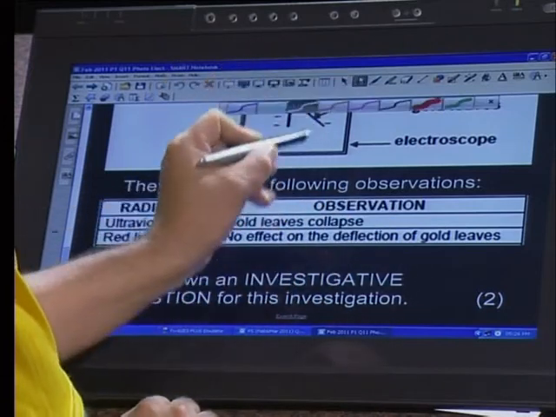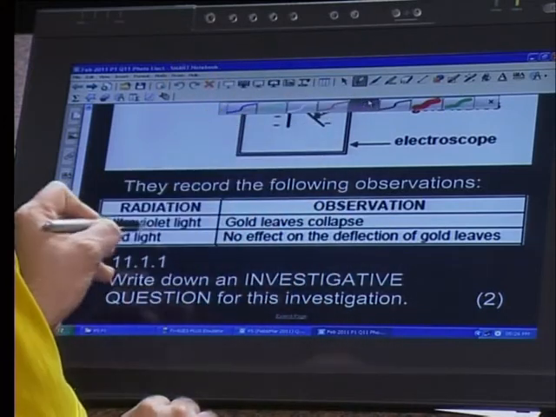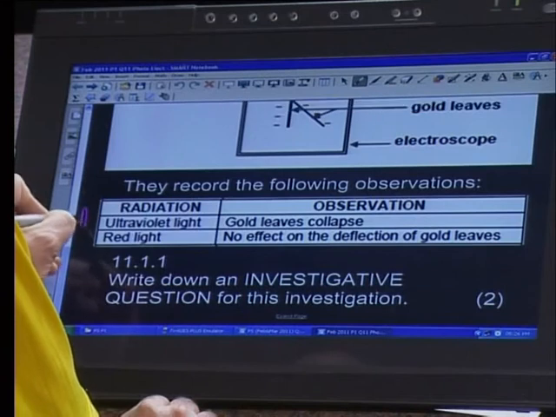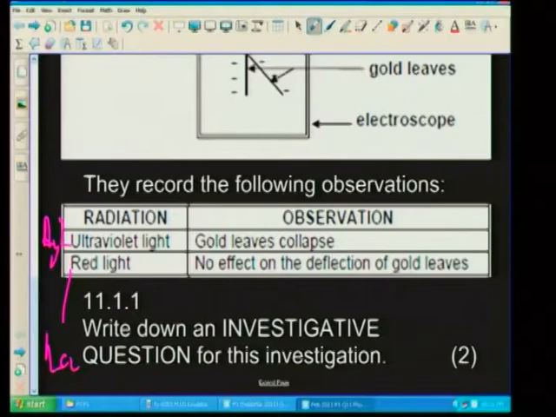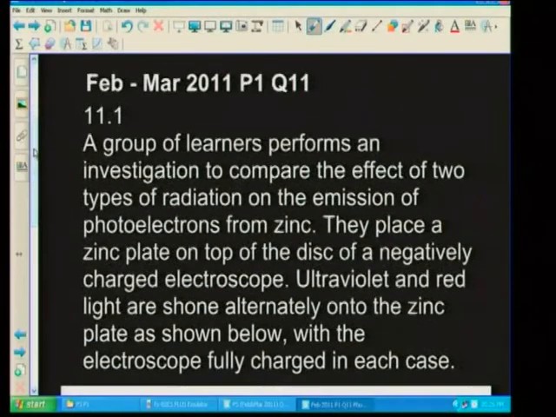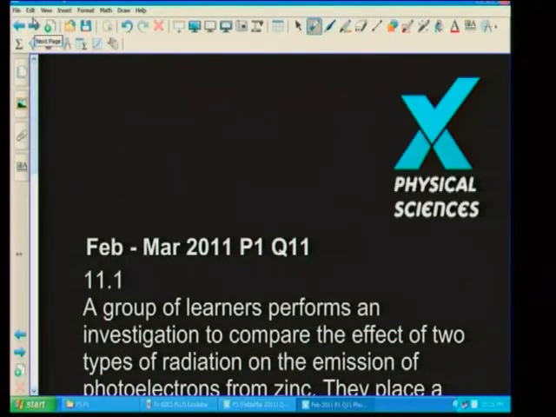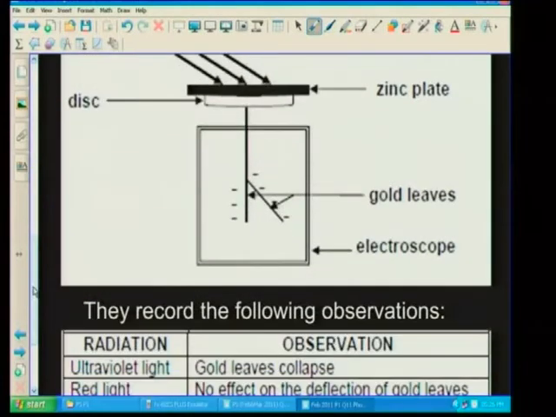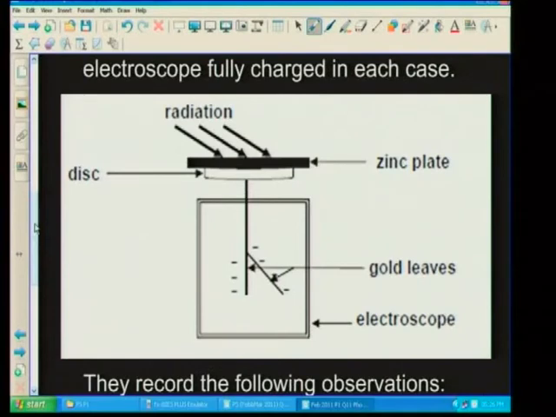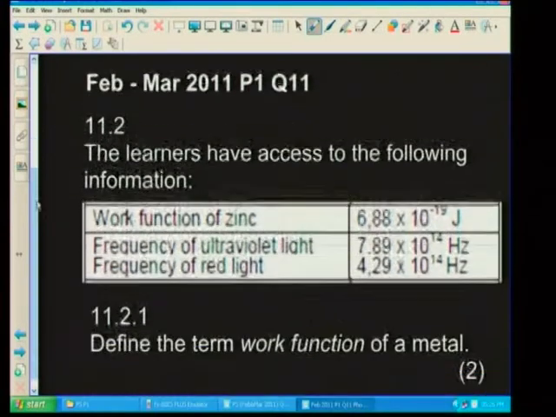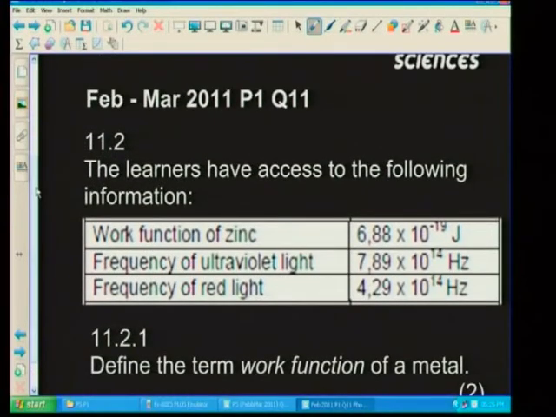Okay? So if there's enough energy, ultraviolet light is high energy, red light is low energy. And they go through a whole investigative question. Remember, it is important to know variables and all that sort of thing, and you need to know your practical investigative questions. But what I wanted to move on to is this. They're given the following information. The work function of zinc is that amount.